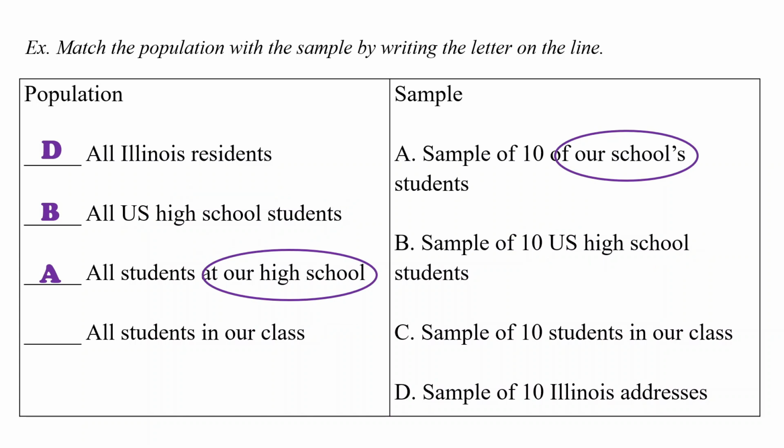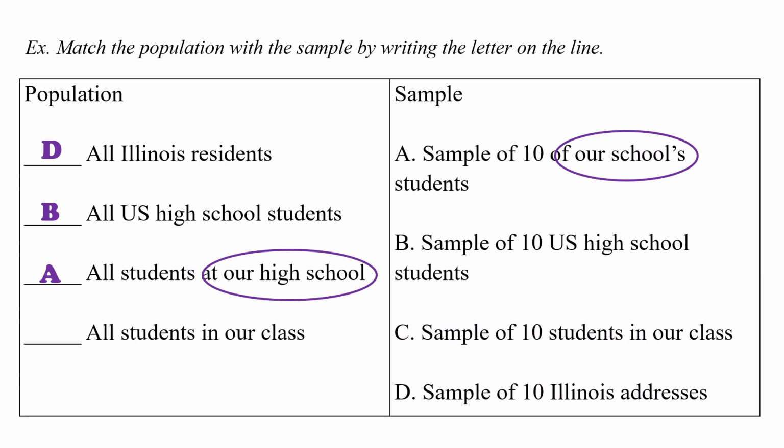Now, why wouldn't C be an answer there? Well, would 10 students in our class represent the opinions and beliefs and data analytics, whatever you're gathering, of all students at our high school? It might not accurately represent that. We want to make sure we accurately represent our population with our sample.